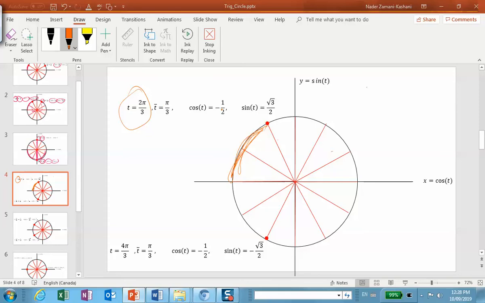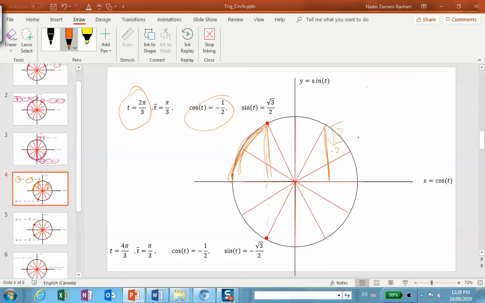The cosine of 2 pi over 3, you can see, is negative, minus 1/2, and the sine of it is positive, as you can see, this height, which is incidentally the same as that height, which was root 3 over 2.